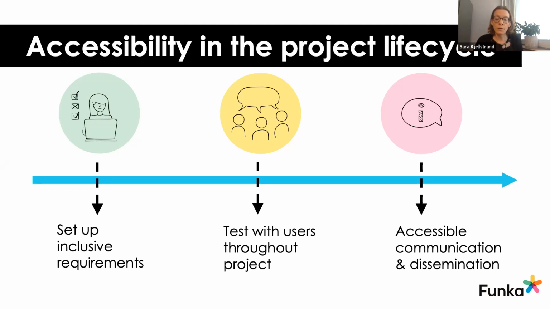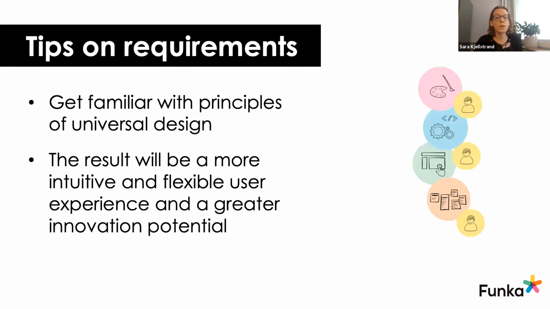And at the end, also, you need to make sure that the communication and dissemination about the product and service is accessible. And in the next moments, we will also look now at the practical tips on how you can do it at each stage of the project lifecycle, starting at the next slide now with tips and requirements.